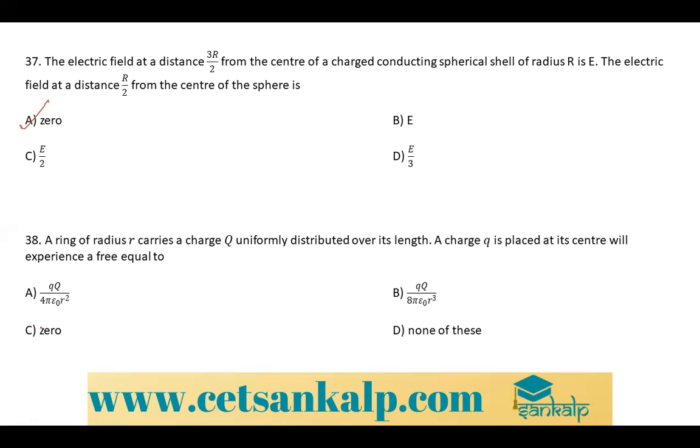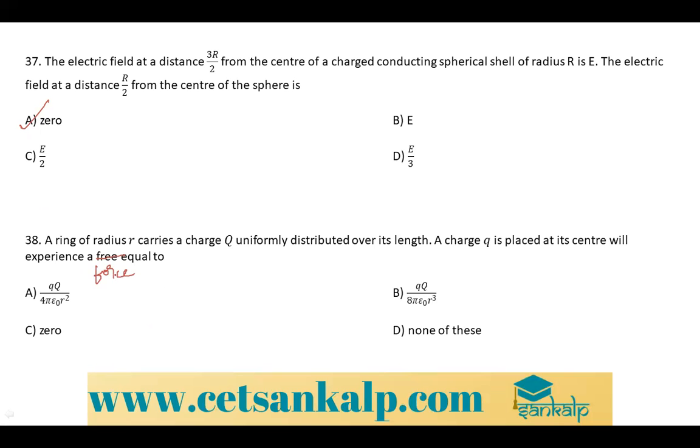Next, a ring of radius R carries a charge Q uniformly distributed over its length. A charge Q is placed at its center, it will experience a force equal to?